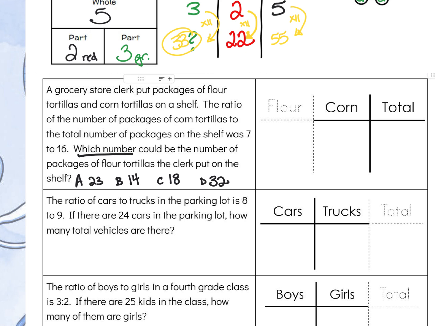A grocery store clerk put packages of flour tortillas and corn tortillas on a shelf. The ratio of the number of packages of corn tortillas to the total number of packages on the shelf, so corn to total, was 7 to 16. So 7 corn to 16 total.